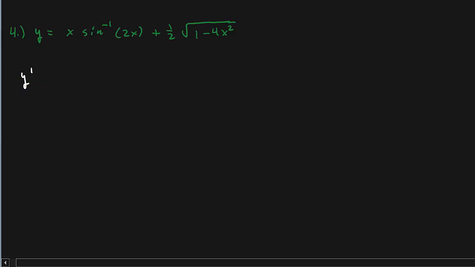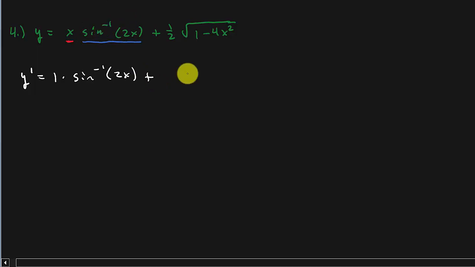All right, so you can see here we've got product rule on this term. So this is your first function. This is your second function. So the product rule says the derivative of the first function, which is 1, times the second function. Okay, derivative of the first times the second, plus the derivative of the second. So what's the derivative of inverse sine?